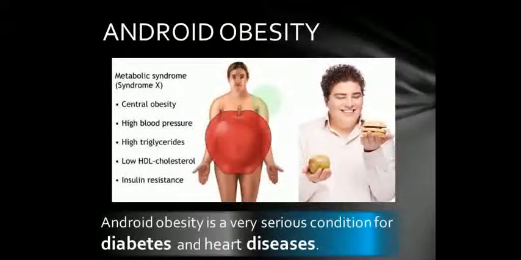What actually happens is that fat is accumulating in your body and around your organs. This fat is associated with poor lipid profile, and it's also associated with pre-diabetes conditions, heart attacks and strokes. The best way to treat android obesity is to cut down the intake of your carbohydrates.